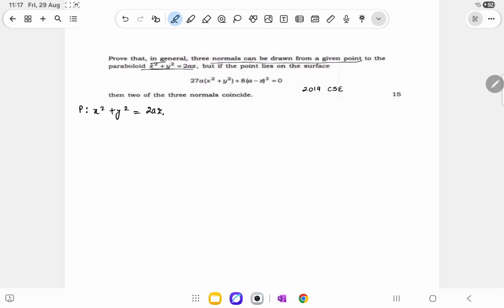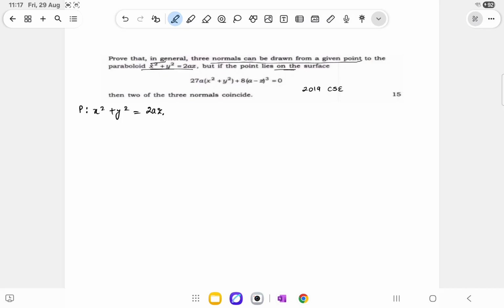That's what we are supposed to prove in the first part. Further it says that if the point lies on the surface of the paraboloid, then 2 of the 3 normals coincide, that is, there are only two distinct normals, as 2 coincide when the point lies on the surface.